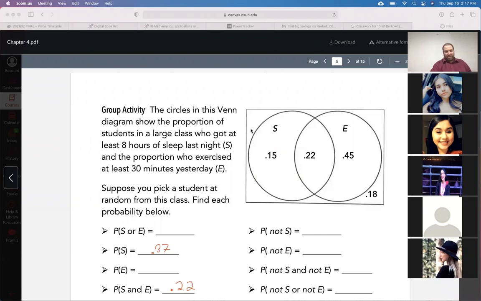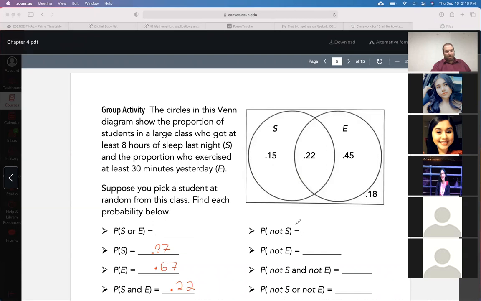What is the probability that somebody was in circle E? 67%. Do we agree with that? Yes. How about the probability that someone was not in S? Would it be 0.07 where you just subtract?